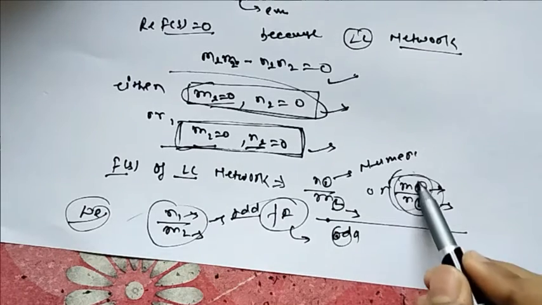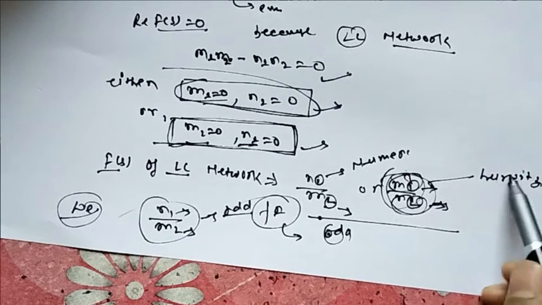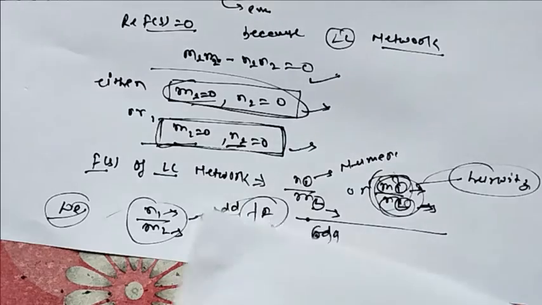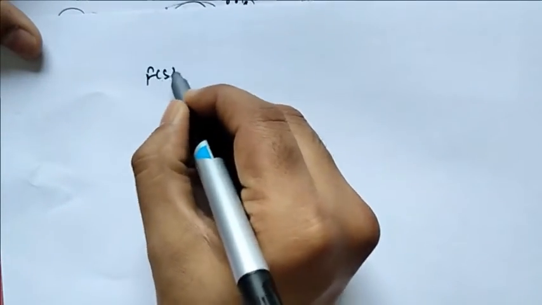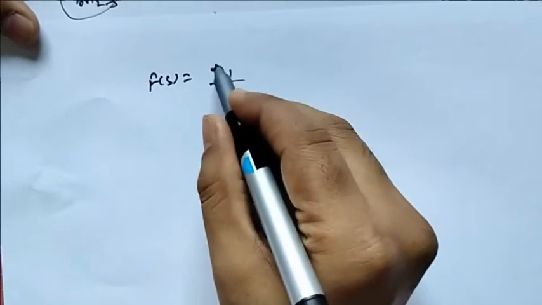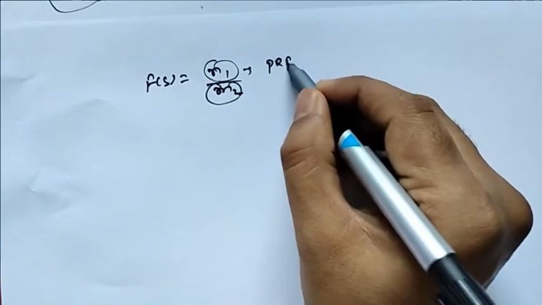And moreover the numerator as well as the denominator must be Hurwitz, because we are taking the Hurwitz form only. Taking another sheet, when F(s) is n1 by m2, it means they are PR, positive real function, and when they are PR, it means Hurwitz.